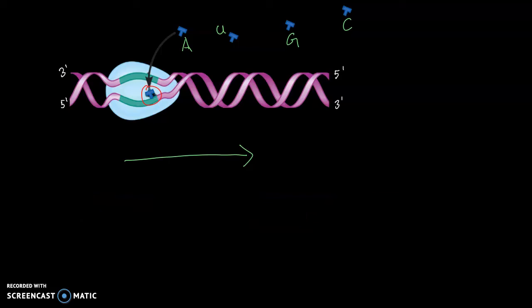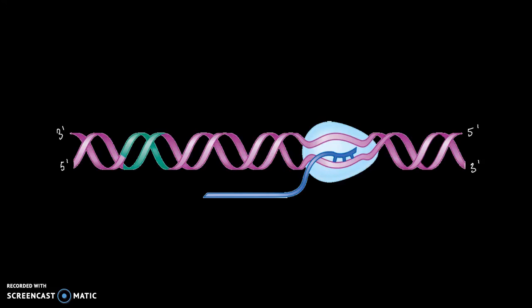Moving on to the last step. The RNA polymerase over here is going to continue and keep doing its thing by moving down the DNA. At the same time, the newly formed RNA over here is going to elongate.